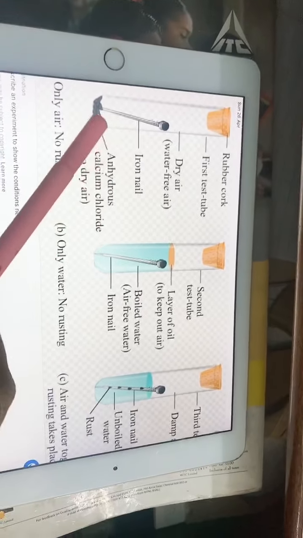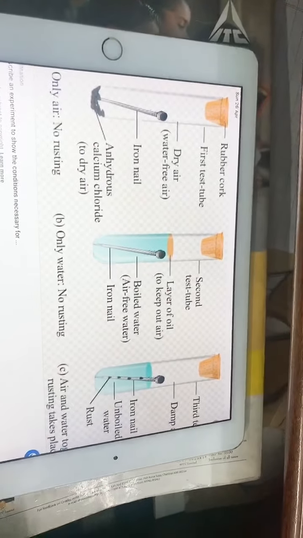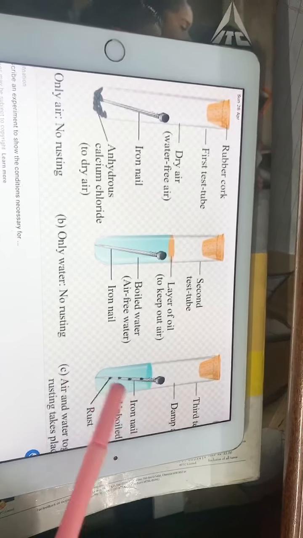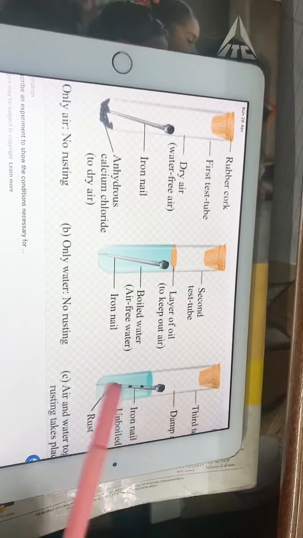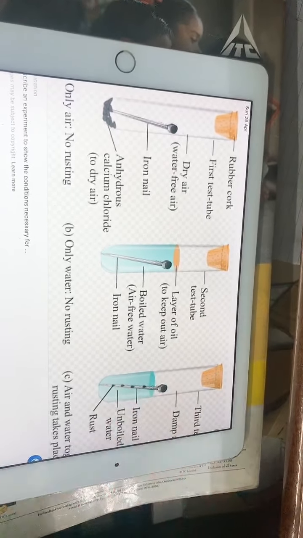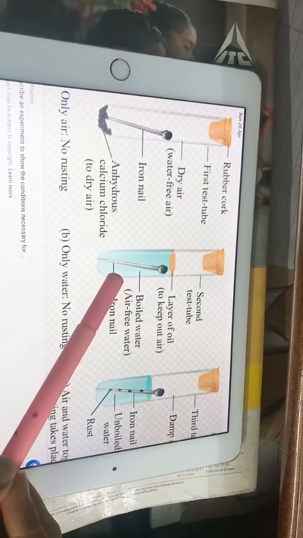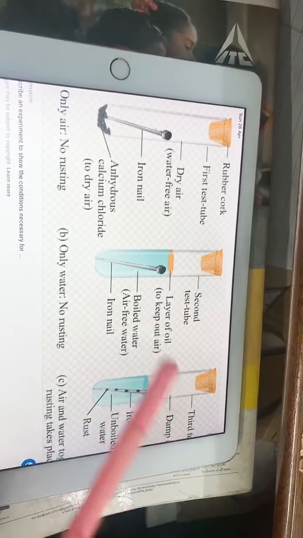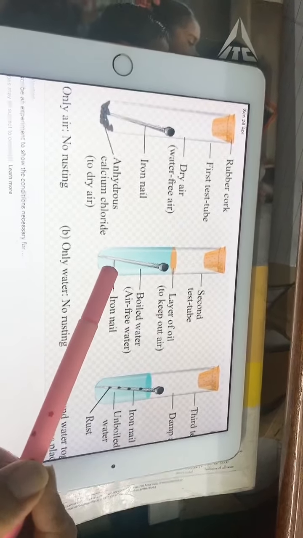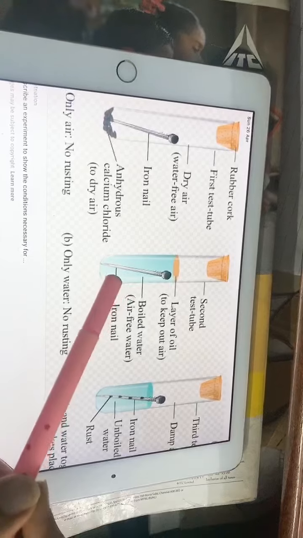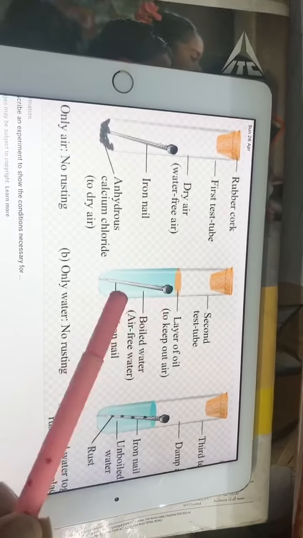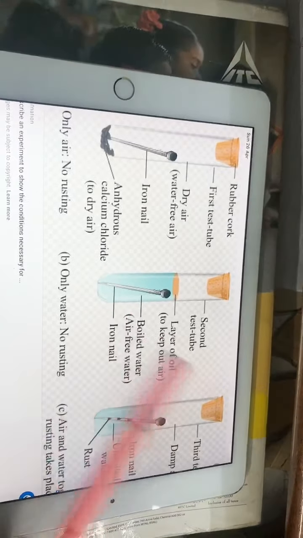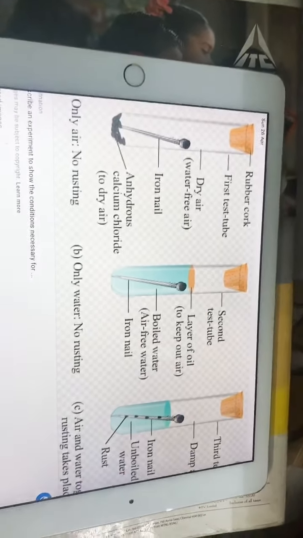After a few days you will observe that there is rusting in the third test tube where only water and air are present, both in equal amount. Why is the second test tube having boiled water not able to form rust? Because during boiling a lot of gaseous particles are removed.